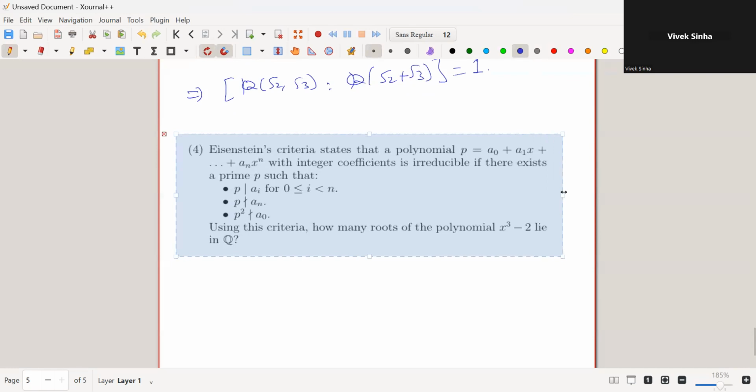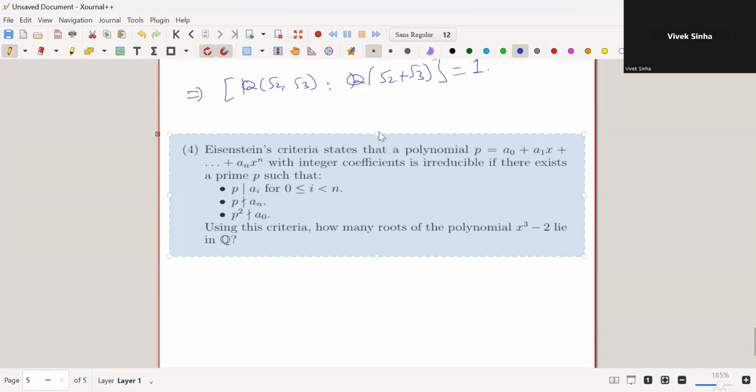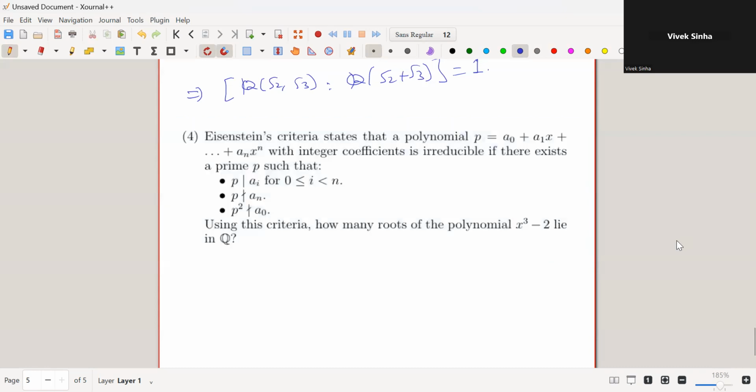It states that a polynomial p equal to a naught plus a1x plus a2x squared and so on with integer coefficients is irreducible if there exists a prime p such that p divides a naught, a1, and so on to an minus 1, p does not divide an, and p squared does not divide a naught. So we have to use this criterion to see how many roots there are of the polynomial x cube minus 2 in the field Q.